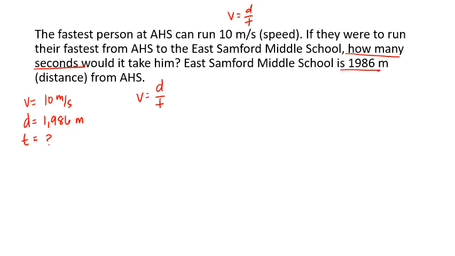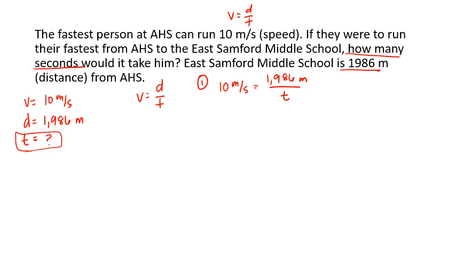Now we're solving for time. So we need to get time on a side by itself. There's 2 ways that you can do this. I have found that a lot of my students like to plug in the numbers first and then rearrange for the variable. So we can say option number 1, that would be going ahead and plugging in the variables. So we have 10 meters per second equals 1,986 meters divided by time.